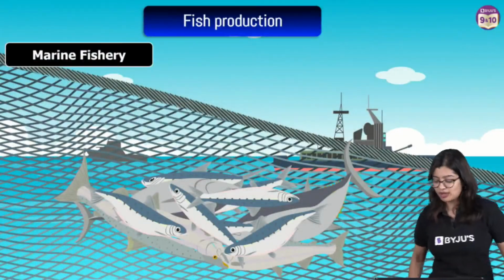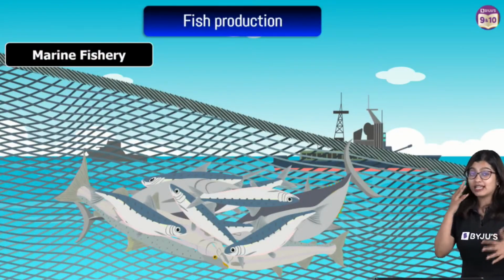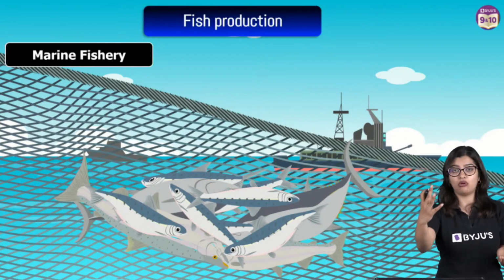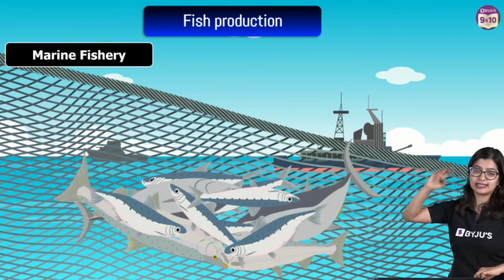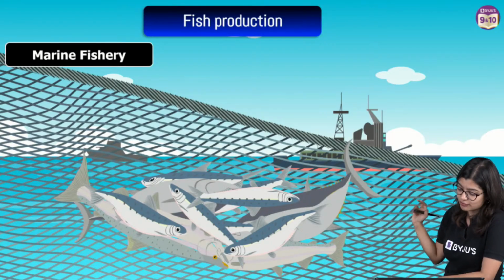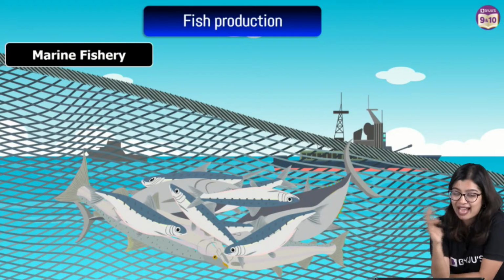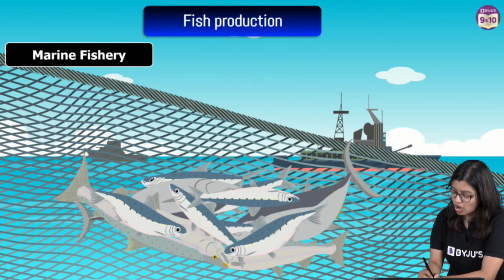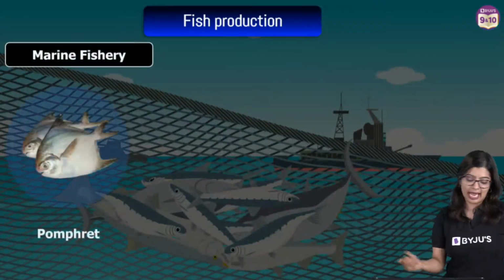Now when you talk about marine fisheries, the marine fisheries are mainly where you get the marine water organisms. So here you have some examples of marine fishes: mackerel, hilsa. Now normally these are captured.